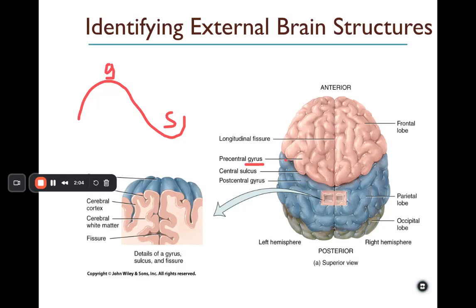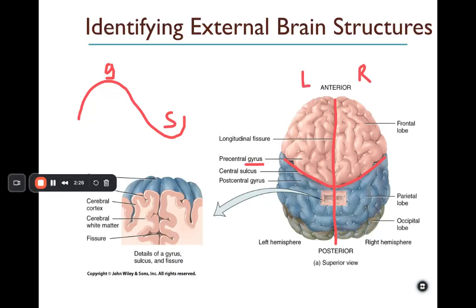So this deep trench right here, that's the central sulcus. That's going to divide the brain front to back. The lateral fissure, a fissure is a really deep groove, and that's going to divide the brain left and right. So this is going to be the right hemisphere of the brain.